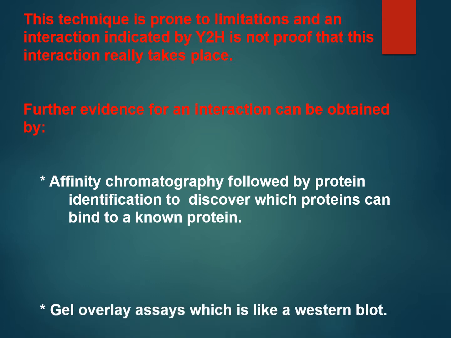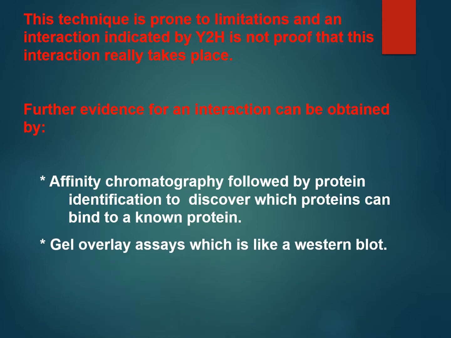So that's one way. Things like a Western blot, and there's something called a far Western that we'll talk about. Then co-immunoprecipitation. The word immuno means there are antibodies there. If we have an antibody to our bait, can it pull down bait and prey?